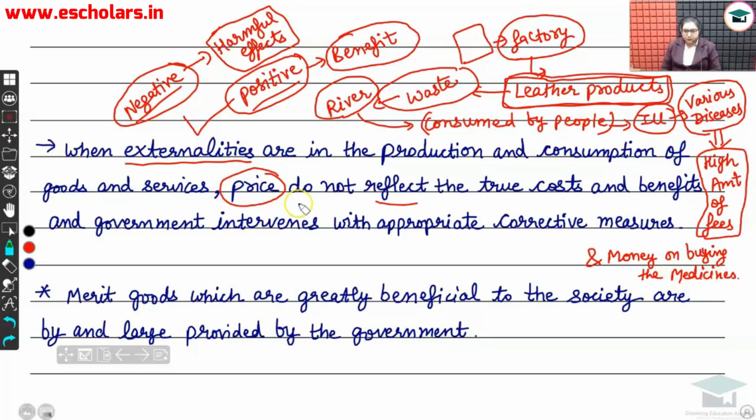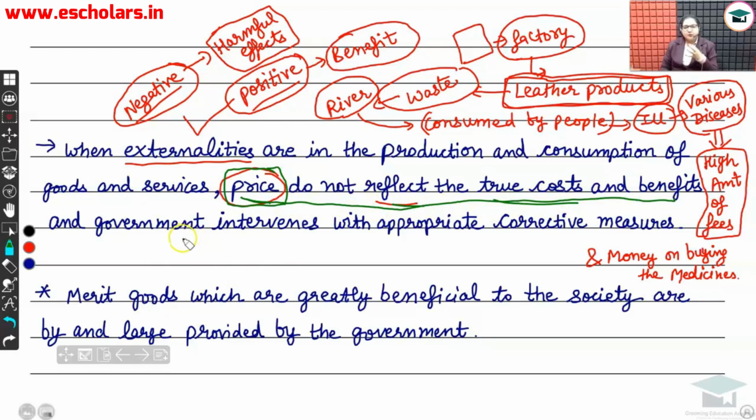And here we need to note that these negative effects on the people are not considered while setting the price of the product. That is, the price does not reflect the true cost, right? Similarly, the benefits which are created out of positive externalities are also not considered while setting the price. So we can say that the price does not reflect the true cost and benefits.